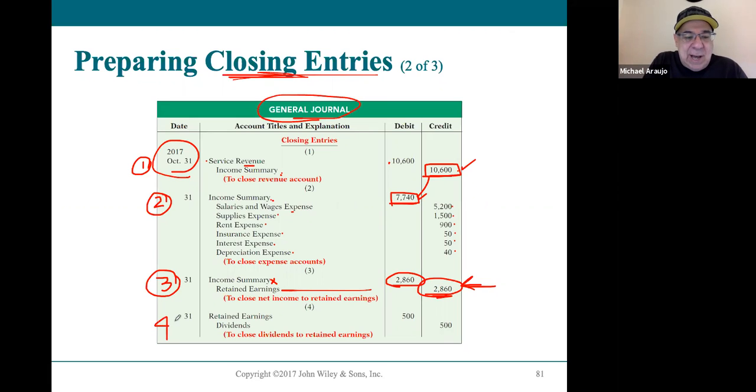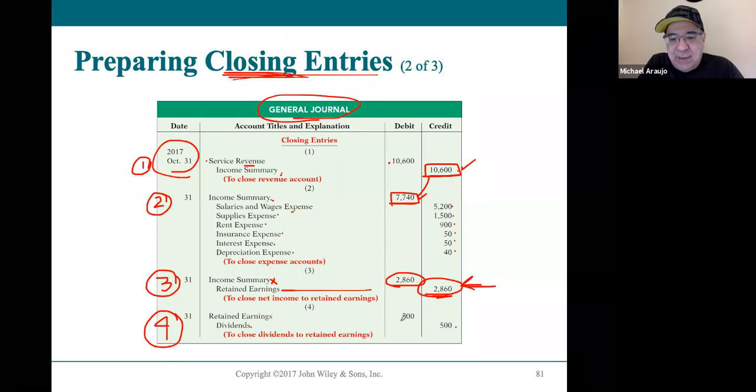The very last step, like I said, is to close out the dividends account. As you know, dividends has a debit balance. And so to get dividends to close, which means to get the balance to zero, you have to offset dividends with a credit and then move the dividends to retained earnings.